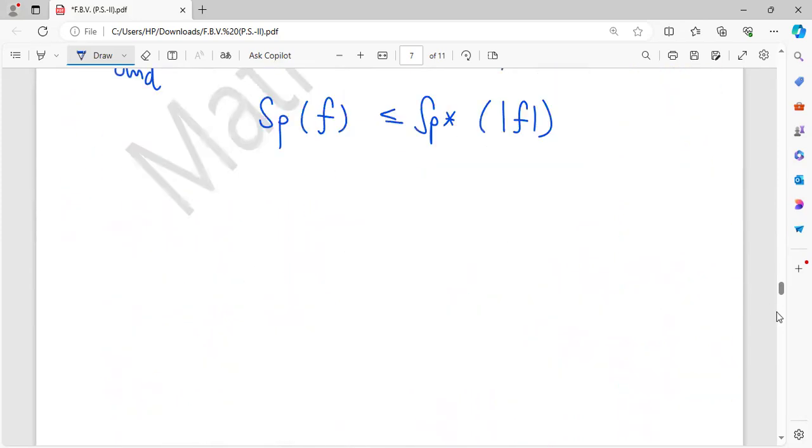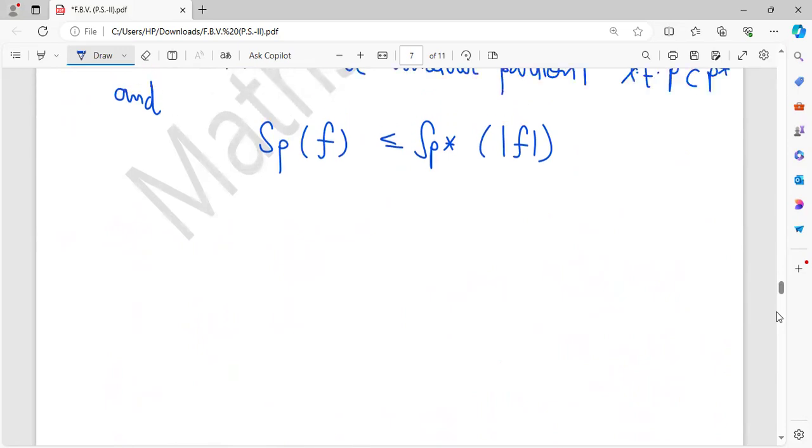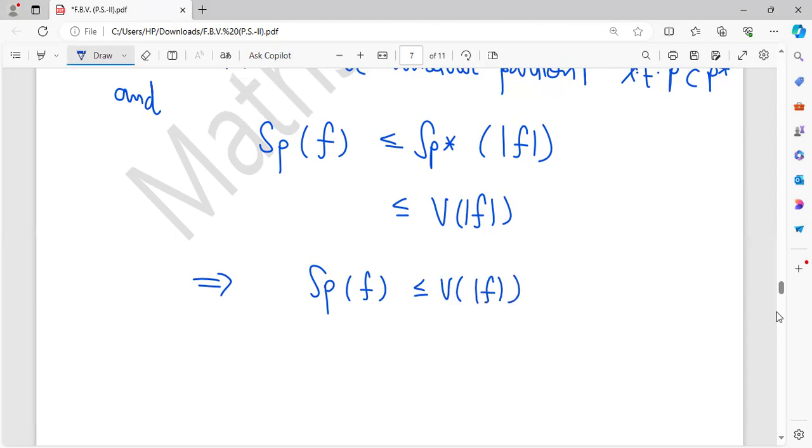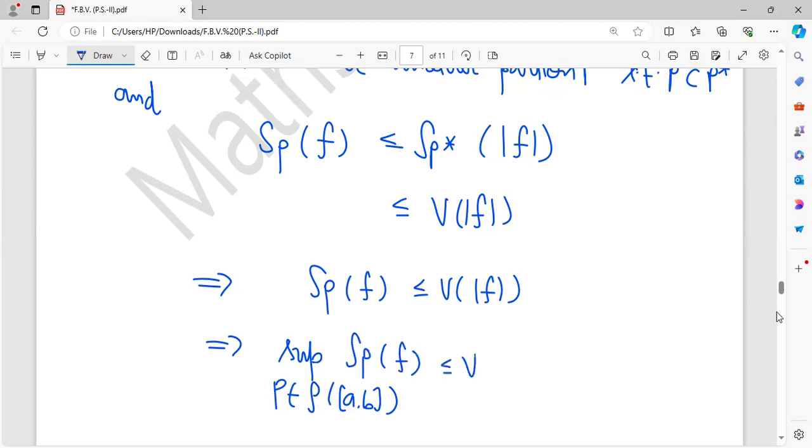So this implies SPF is less than SP star of absolute F. But mod F is function of bounded variation. This will be less than this. So this implies SPF. Now take supremum. But this is finite.